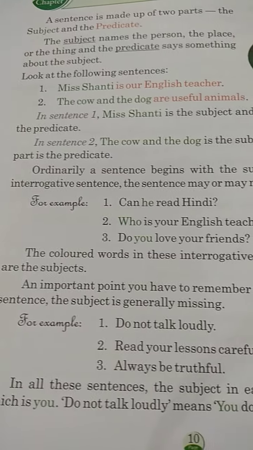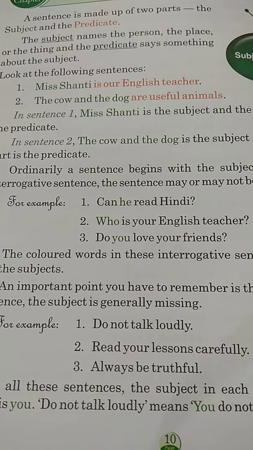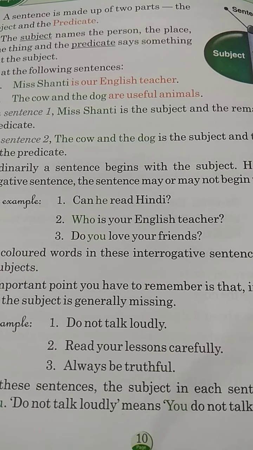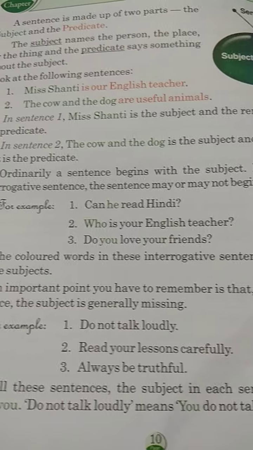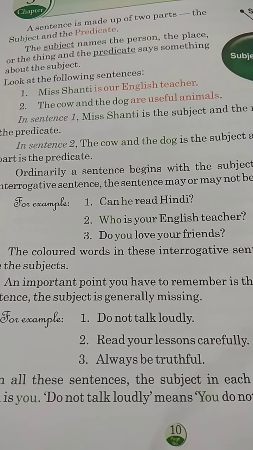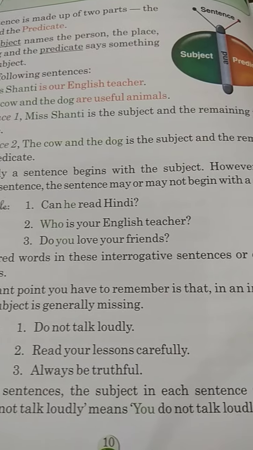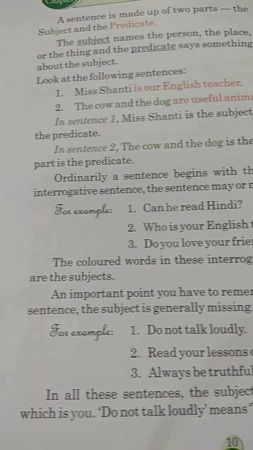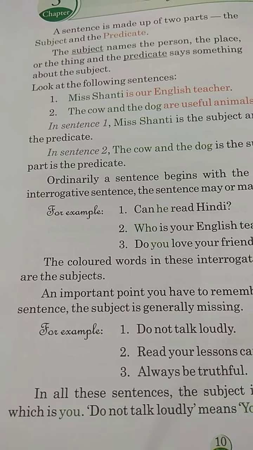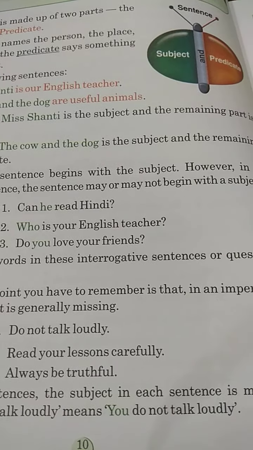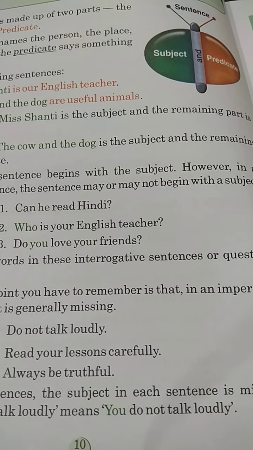For example, do not talk loudly. Read your lessons carefully. Always be truthful. In all these sentences, the subject is missing, which is you. Do not talk loudly means you do not talk loudly.